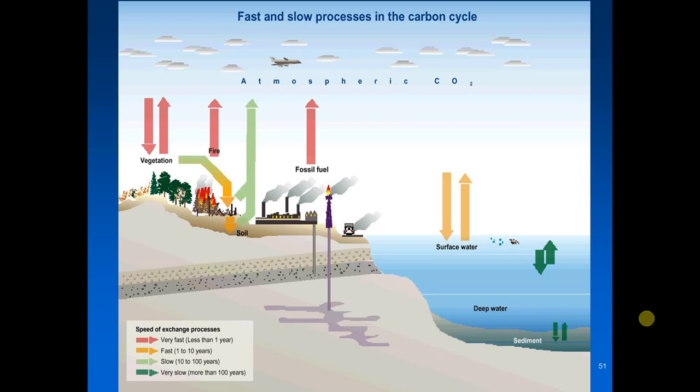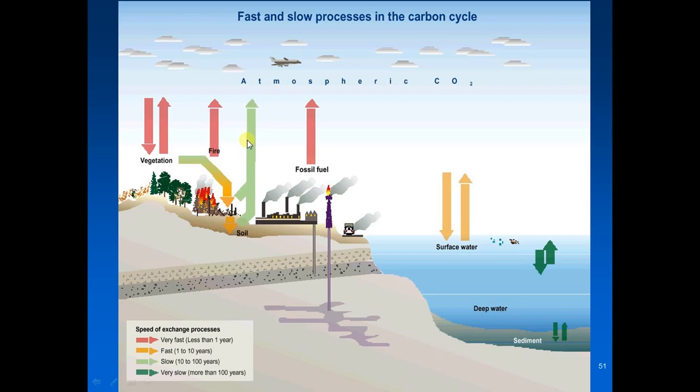The light green shows 10 to 100 years, so a decade to a century. That's kind of on the border between the short-term and long-term carbon cycle. And when you get into dark green, very slow, more than 100 years, that's when you're talking about the long-term carbon cycle. So we can see how carbon exchange between the atmosphere and vegetation, photosynthesis and respiration, is part of the short-term carbon cycle.